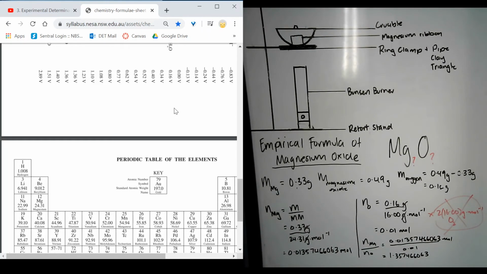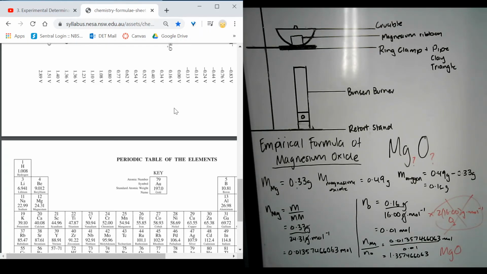Now, this is a little bit weird, right? Because we're saying that there's 1.3 times more magnesium than there is oxygen here, which we actually know not to be true. We know that the formula for magnesium oxide is in fact MgO. So there's actually something going wrong here. What I want to talk about in the next video is why that's going to be wrong.